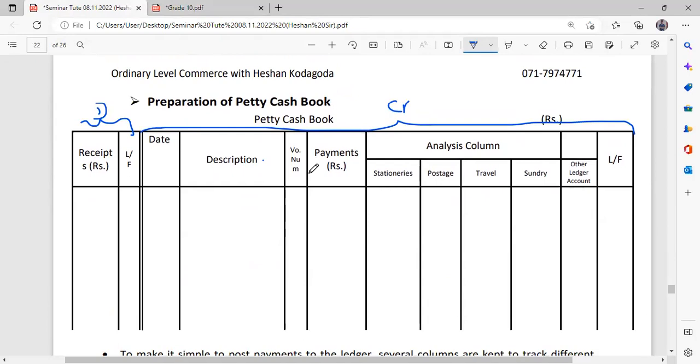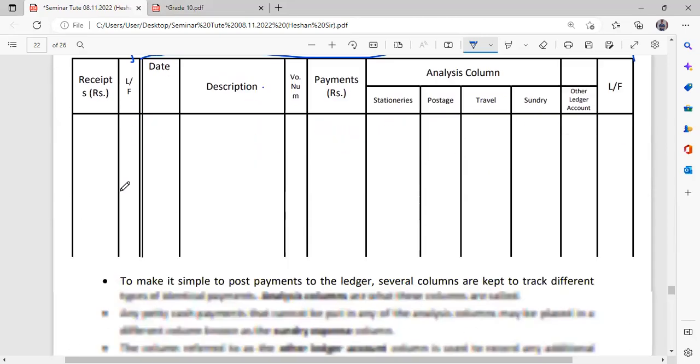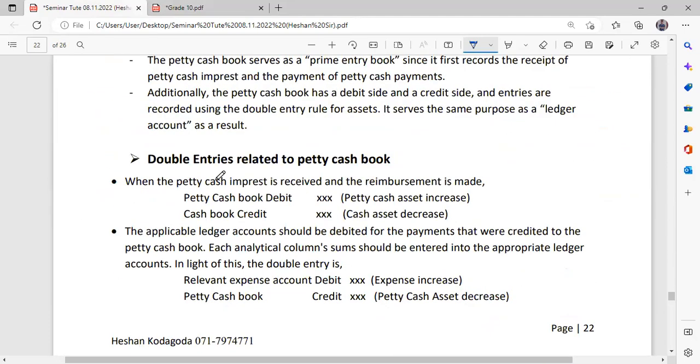Now make sure only the payment column performs the dual function, and the receipt column. Why? When the main cashier reimburses the petty cashier, when the petty cashier's imprest is received and we reimburse again and again, the reimbursement is the total amount paid during the previous month, right?